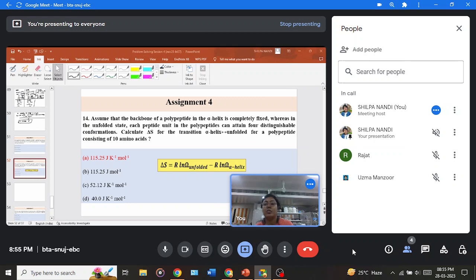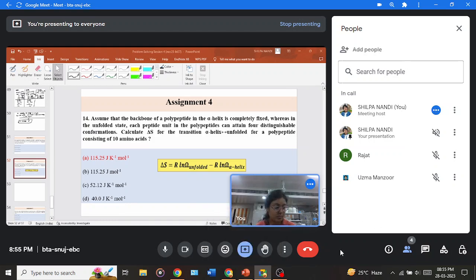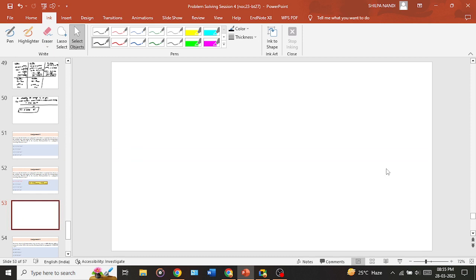So we will see. Do you have any idea? I'll just go back and try to write the equation here. So delta S is the unfolded state conformation minus the alpha helix conformation, right?